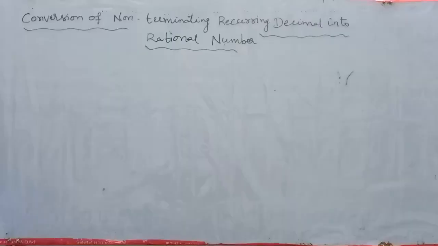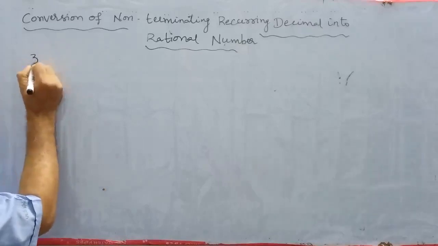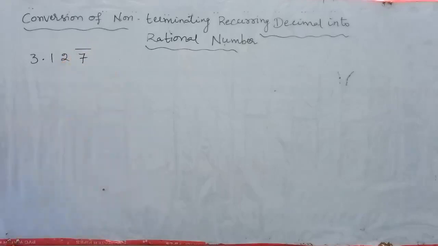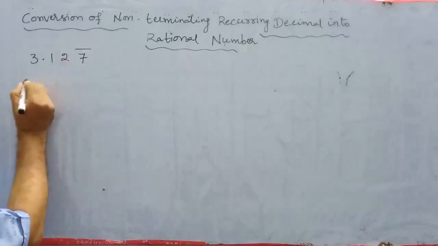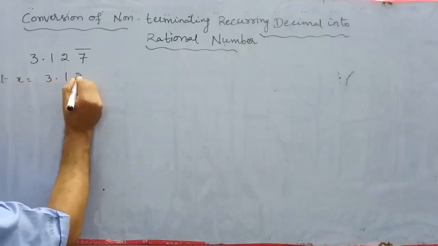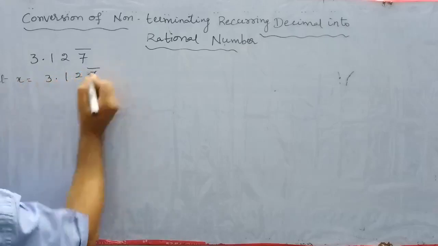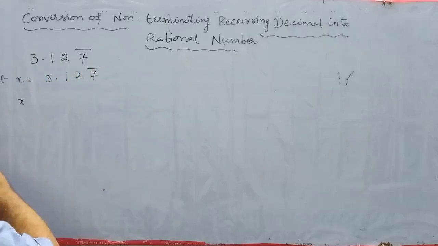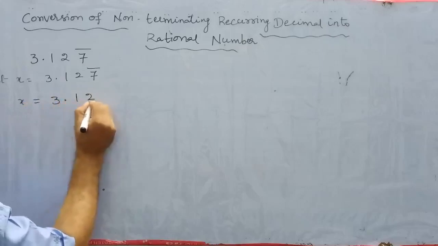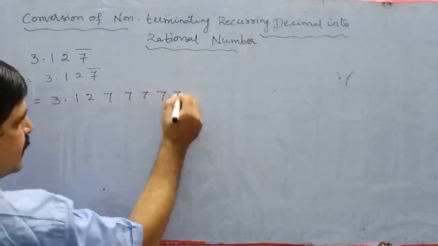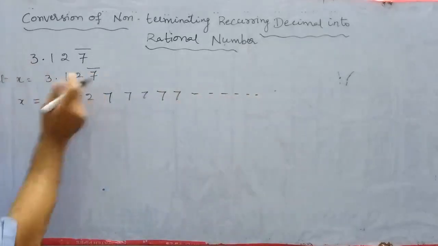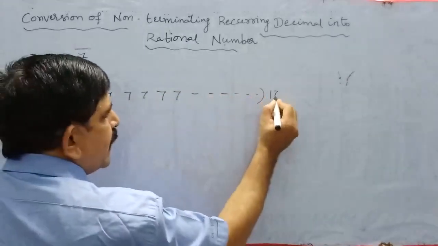Okay, next question, 3.127 bar. First, let x is equal to 3.127 bar. What is the repeating digit here? It is 7. So x is equal to 3.1277777 and so on. Here periodicity is 1, therefore we have to multiply this with 10.